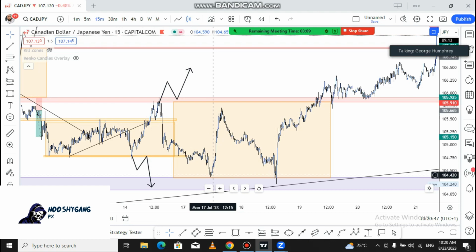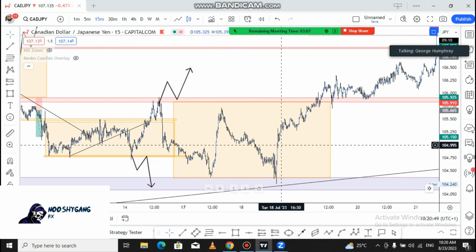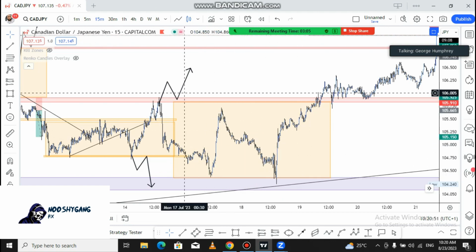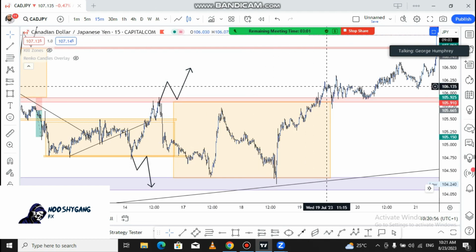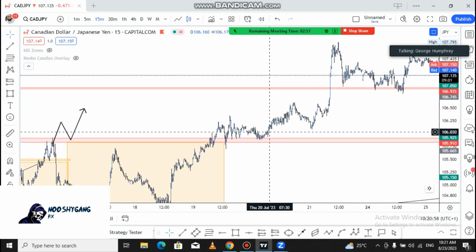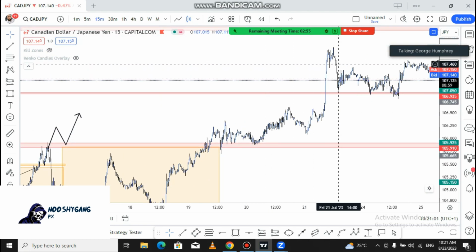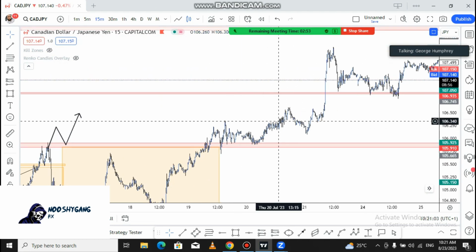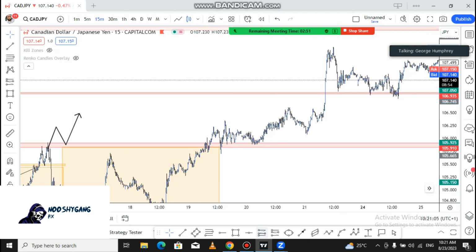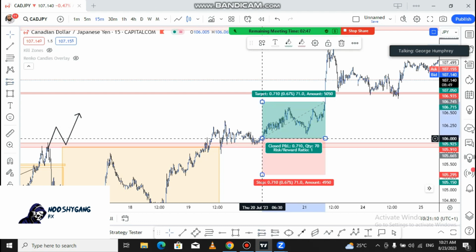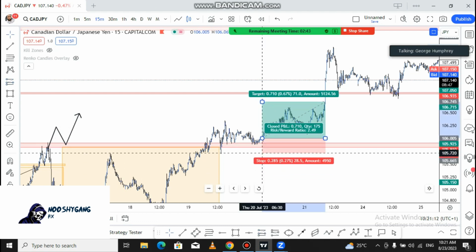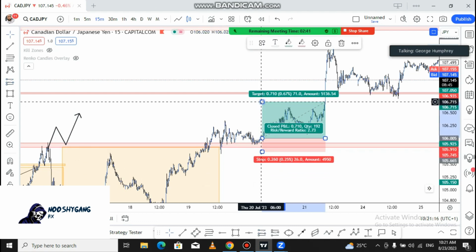Yes, you have a double bottom over here, but to be safe, you have to wait for the market to break this zone and retest, to continue pushing it to the upside. And once you've eaten from this zone as well, let's just say you had this nice retest and then you take a trade to this zone.